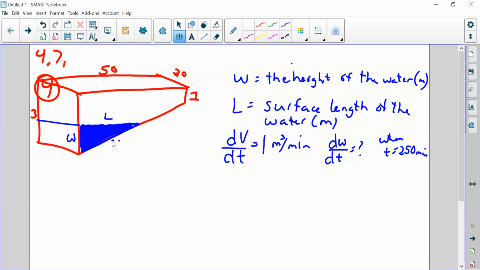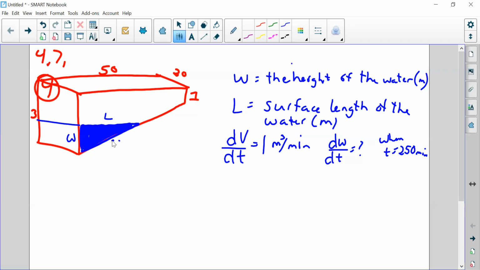So the rate at which that's getting longer, the surface length of the water. But dW is the rate at which the water level is rising, how fast it's filling up.